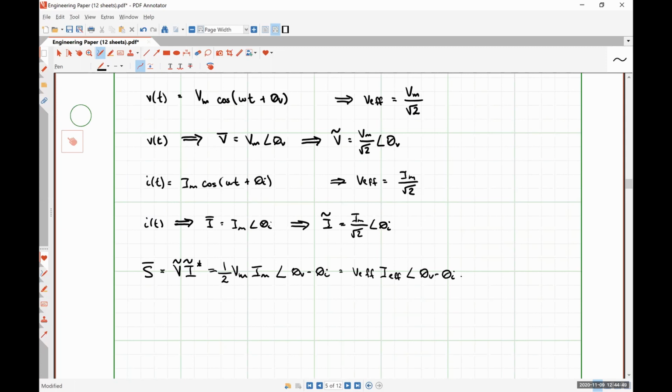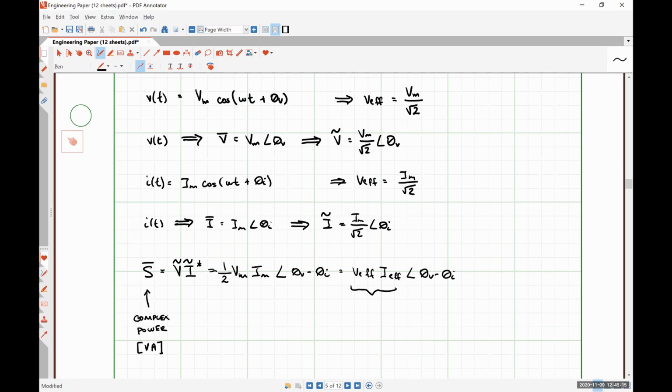Okay. So this guy is what's called complex power, and it has unit of volt amperes. All right. So this is kind of the representative of the total amount of power that's delivered to a particular load.